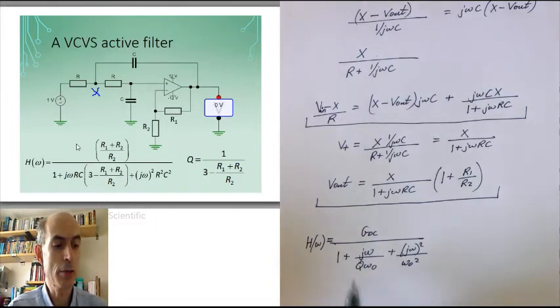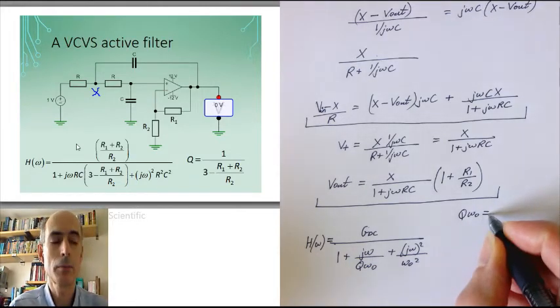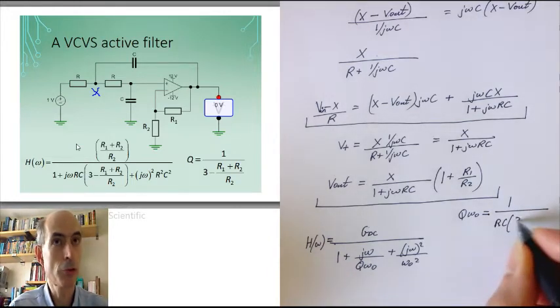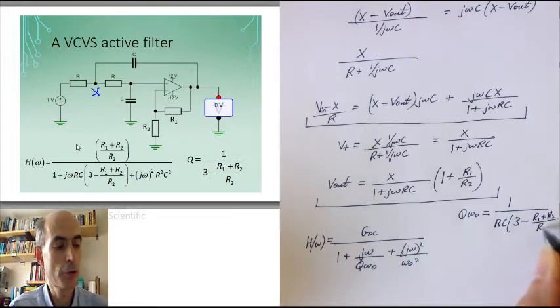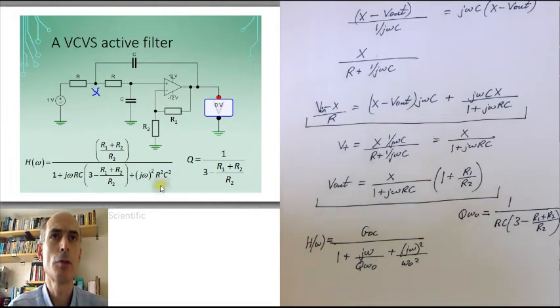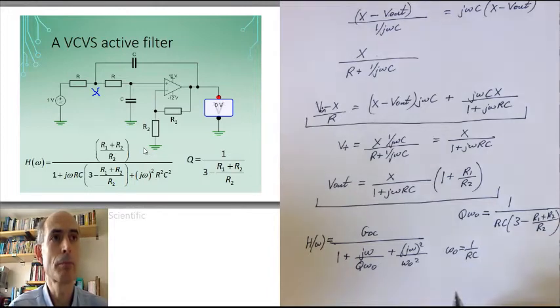then you can see that the Q factor times the resonant frequency is going to be 1 over RC times 3 minus R1 plus R2 over R2. And from this term here, we can see that the resonant frequency is just going to be equal to 1 over RC.